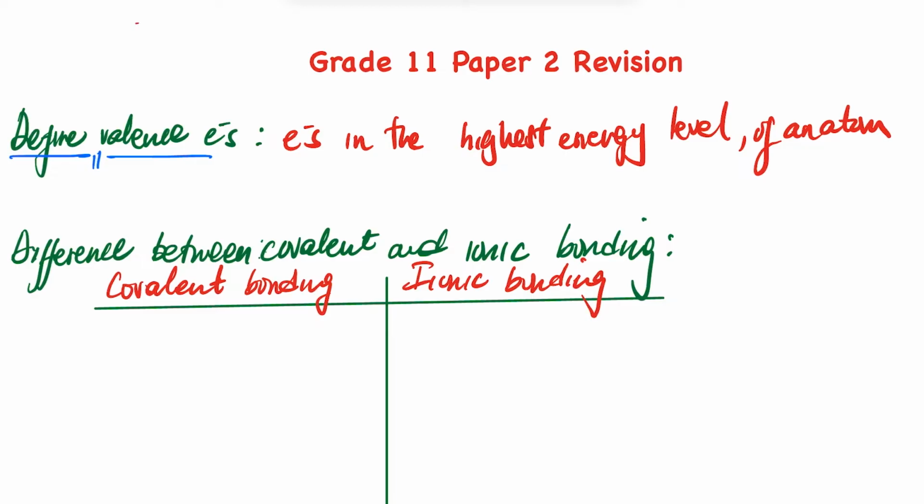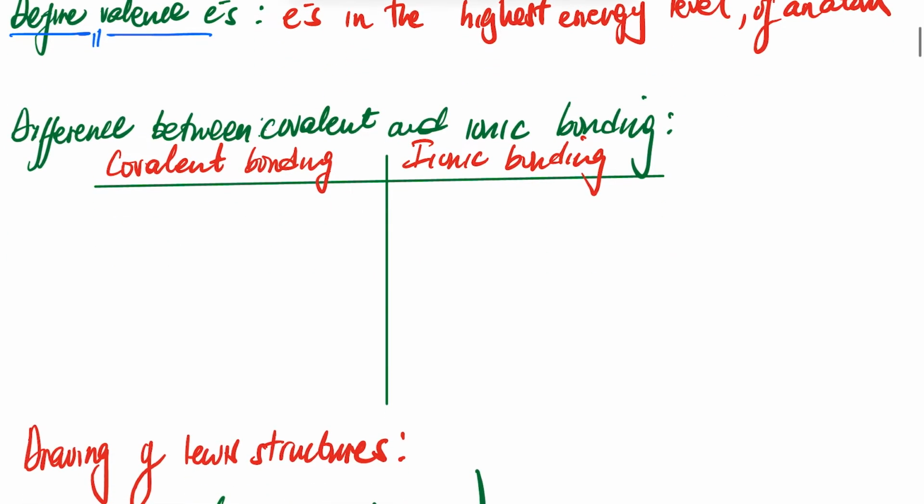If you know the atomic orbital, you have a nucleus, you have protons and neutrons there, and then you have those circles, we call them energy levels. So the electrons at the last energy level, we call them valence electrons. Okay, let's move. Now let's go to chemical bonding.